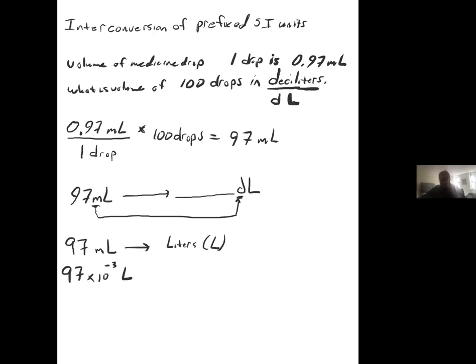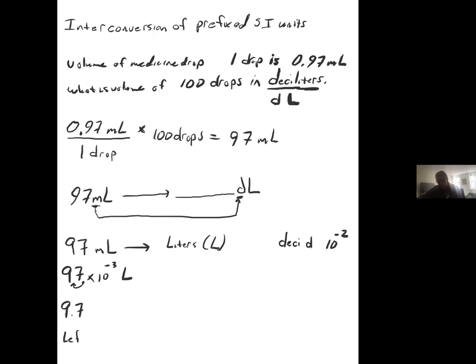Now, let me do the following. I'm going to note that deci, which is D, is 10 to the minus 2, right? Go back to that table, 10 to the minus 2. So I'm going to put my decimal point here. And if I move it to the left one place, I now get 9.7, right?